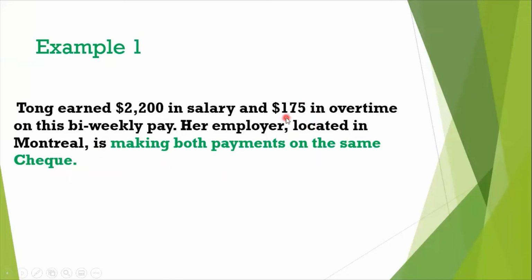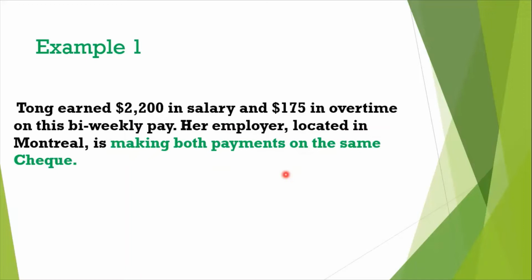The important part here is the overtime and the biweekly pay. Her employer located in Montreal is making both payments on the same check. So this example is going to give us how we can calculate the Quebec Pension Plan with overtime.